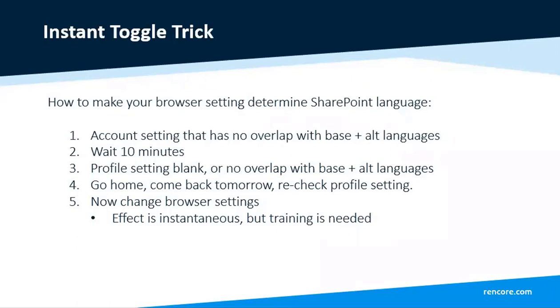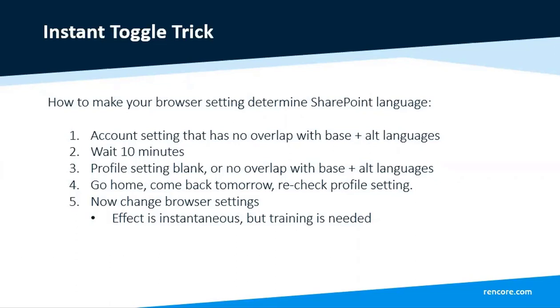Then if you make your profile settings blank, so have no language profile settings, and then wait for a while for it to consider this. It takes several minutes, sometimes hours, for it to realize that that's blank.